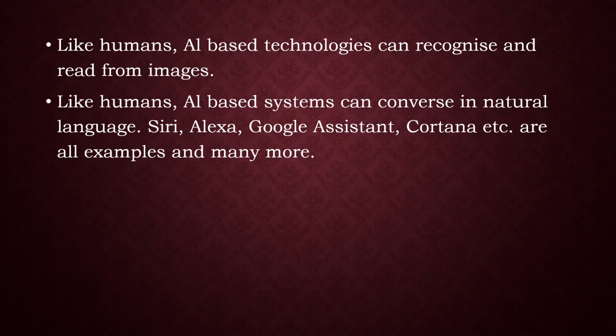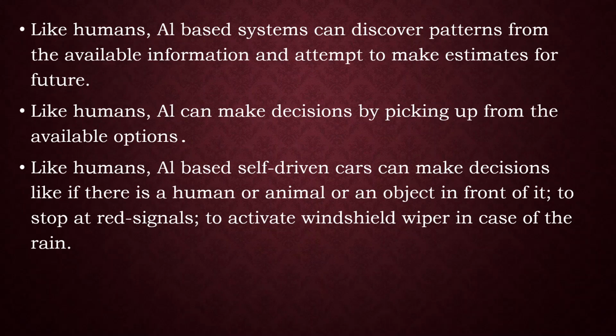Siri, Alexa, Google Assistant, Cortana, etc. are all examples, and many more. There are three domains of AI. They are natural language processing, data science, and computer vision. In the last example, you can see natural language processing. We will discuss it further. Then here in the self-driving car, you can see computer vision.